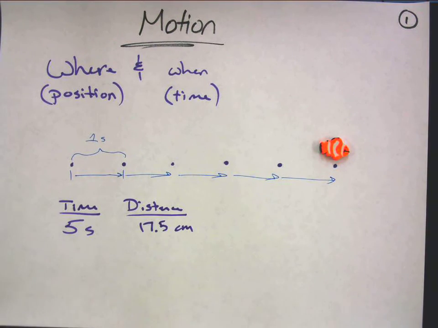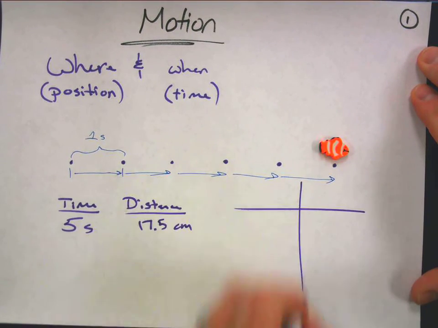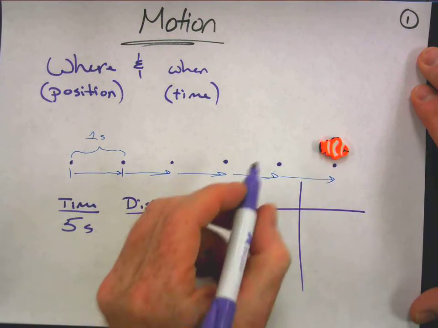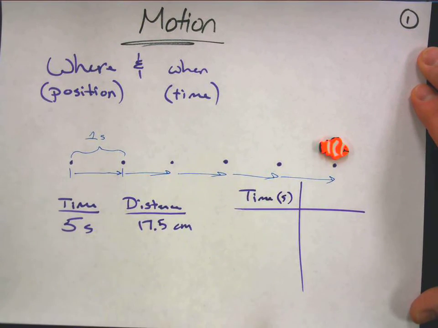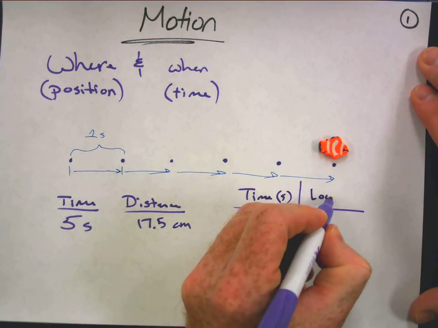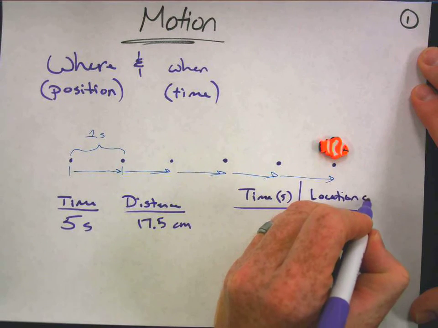We could also represent this as information in a data table. I'm going to look at the time here, measured in seconds, and I'm going to look at the location, and that's going to be measured in this case in centimeters, right?